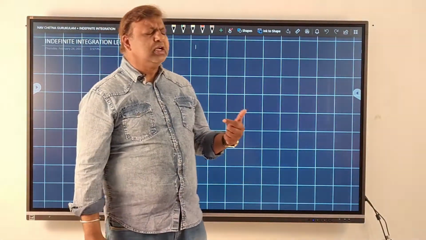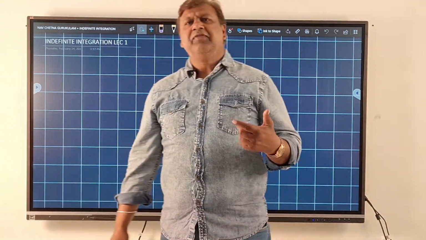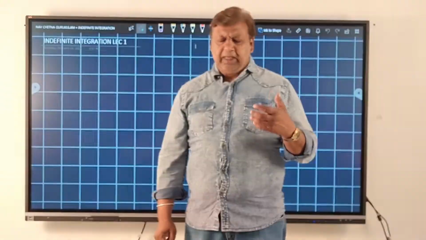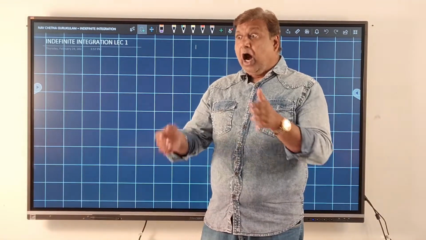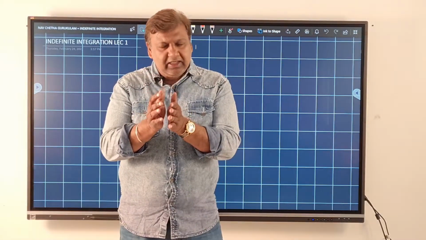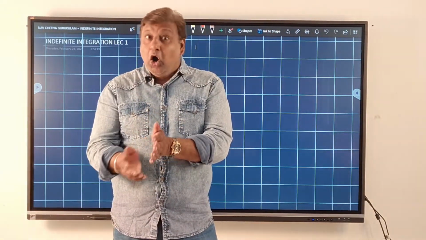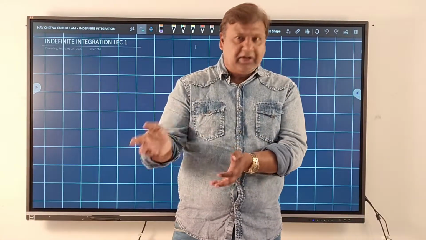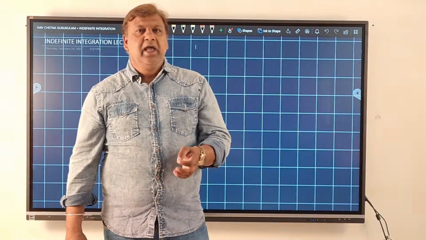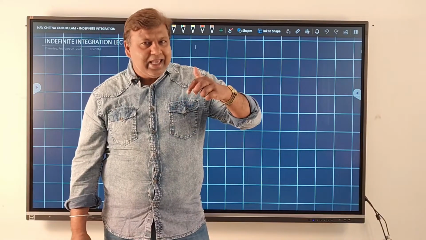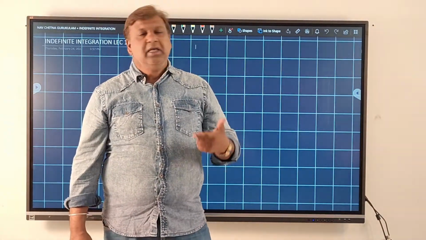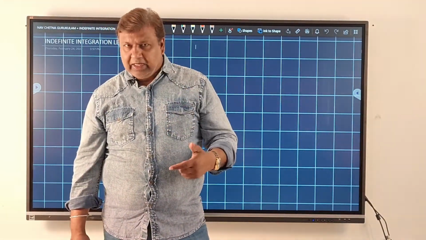We are not going into the depth of it. In the chapter definite integration, we'll go into the depths of it: how we are constructing those rectangles, in fact infinite rectangles, and how to calculate the area of an individual rectangle.